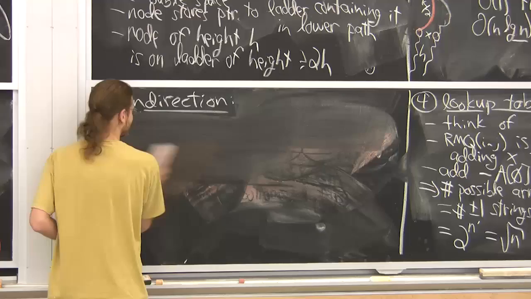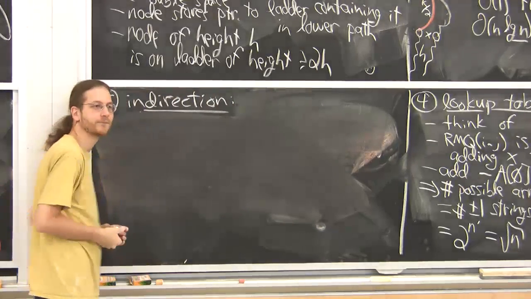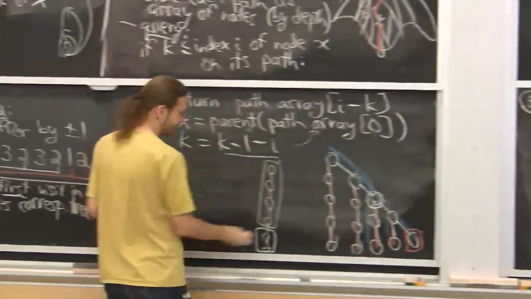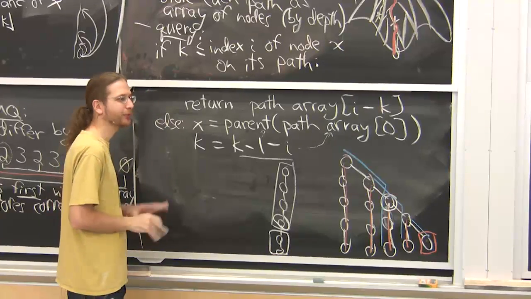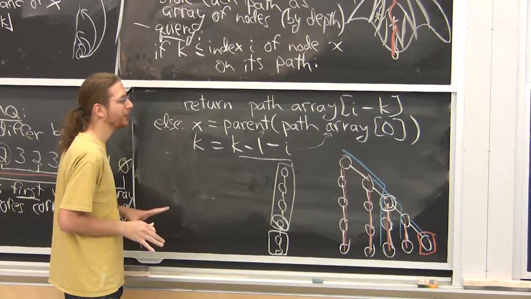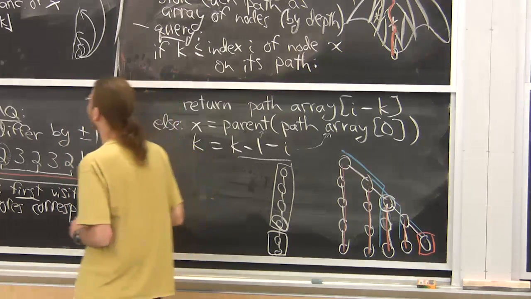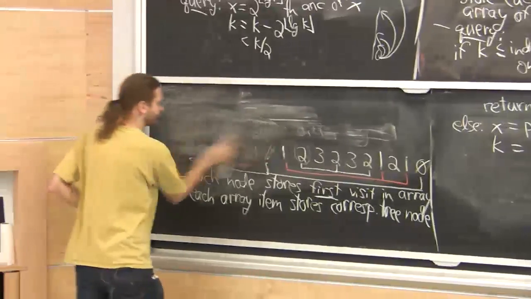A good thing about a path is that it doesn't have very many leaves. That's one way to quantify pathedness. If there's a small number of leaves, I claim life's not so bad. I actually need to do that before we get to indirection.